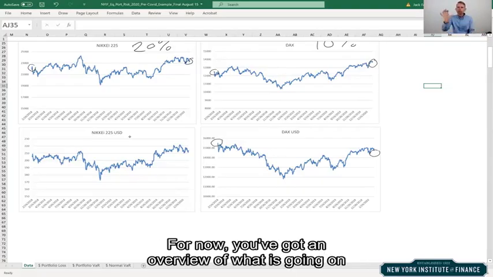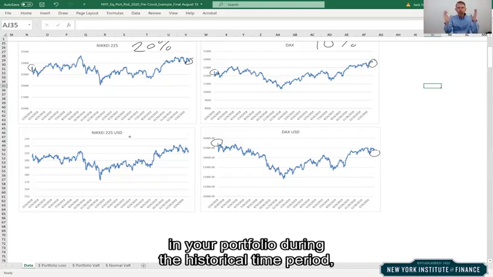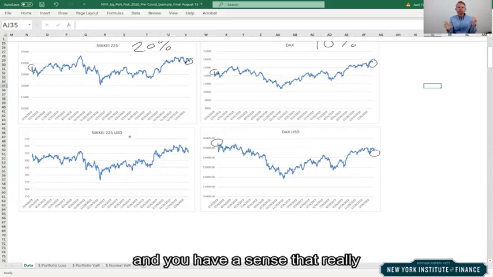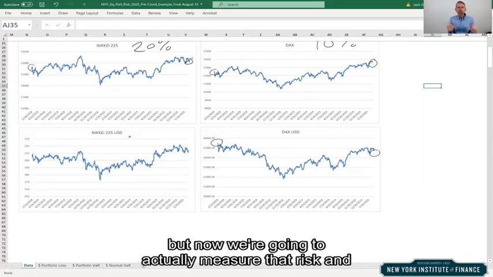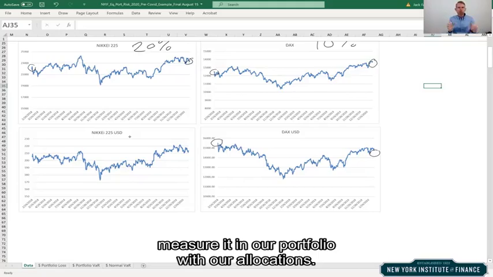So for now, you've got an overview of what is going on in your portfolio during the historical time period. And you have a sense that really there hasn't been that much risk there, but now we're going to actually measure that risk and measure it in our portfolio with our allocations.